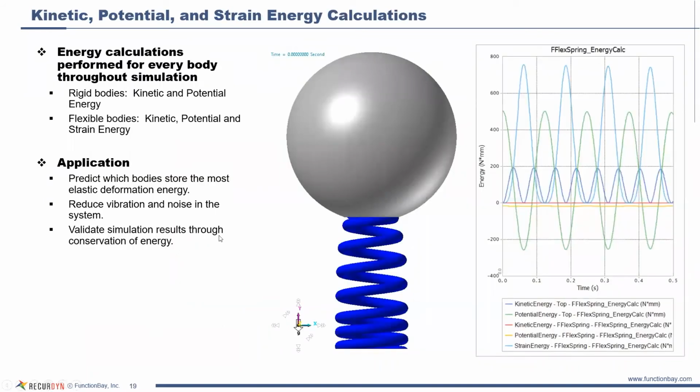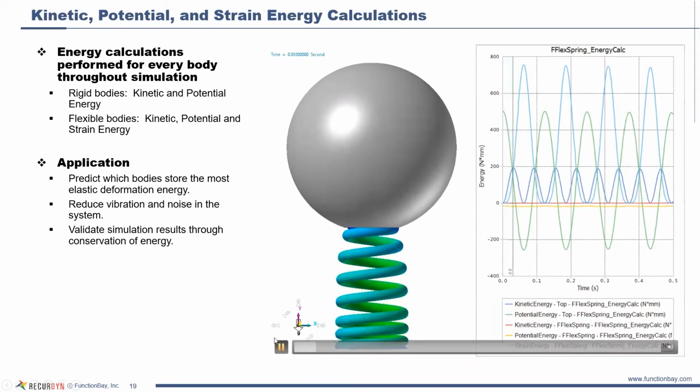The next enhancement is the addition of the calculations for kinetic, potential, and strain energy. For rigid bodies, kinetic and potential energy are available. And then for flexible bodies, strain energy is also available. So we can take a look at this example here.